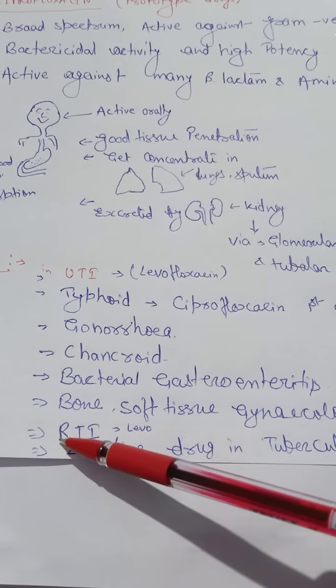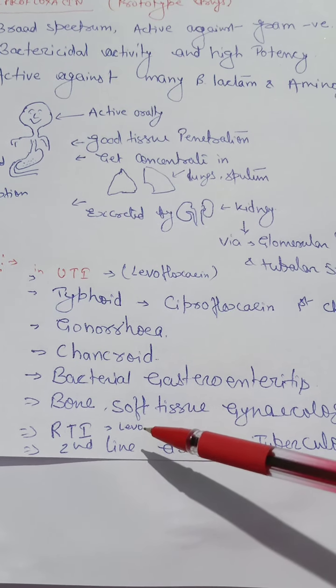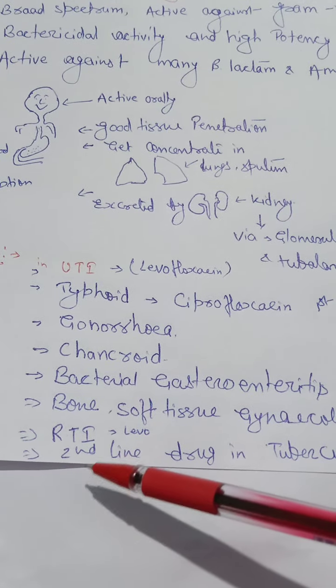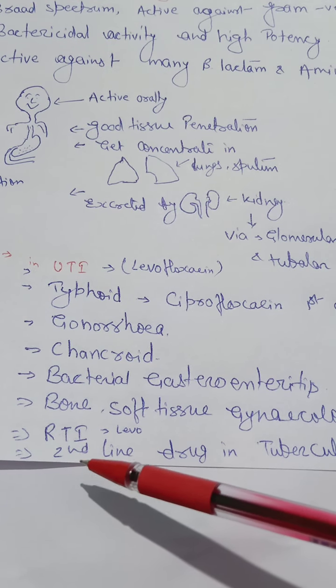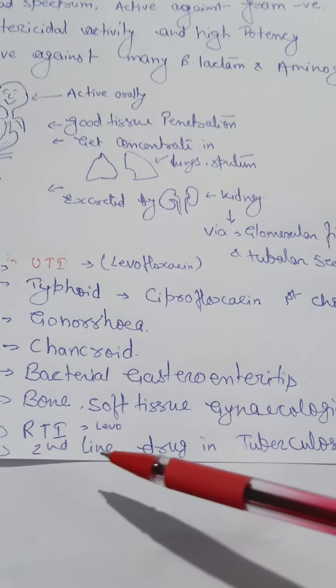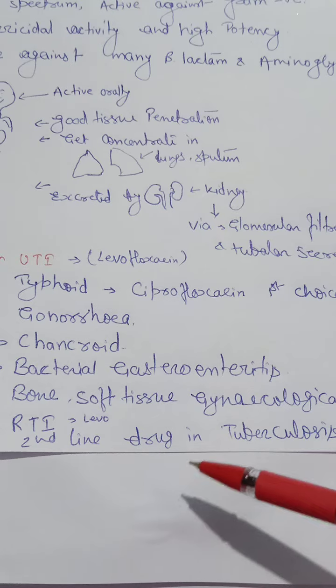In respiratory tract infection, the useful drug is levofloxacin. The fluoroquinolones are also used as a second line drug in tuberculosis, not first line.